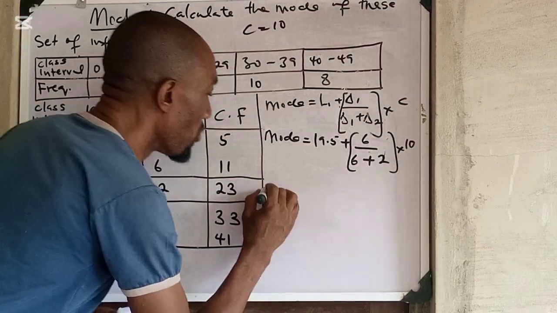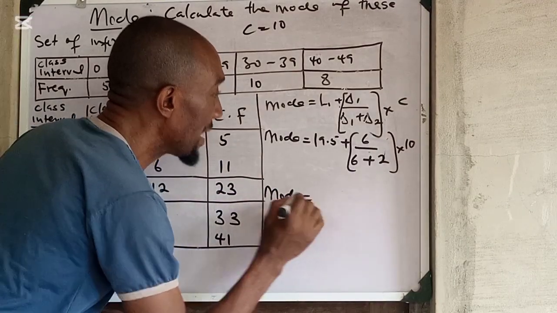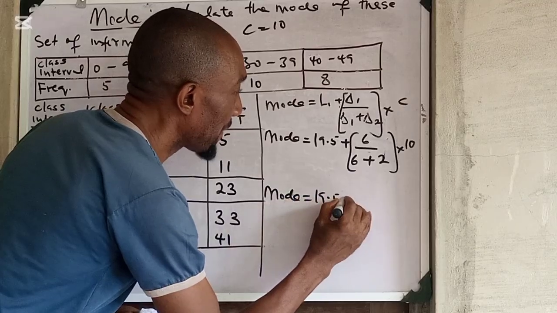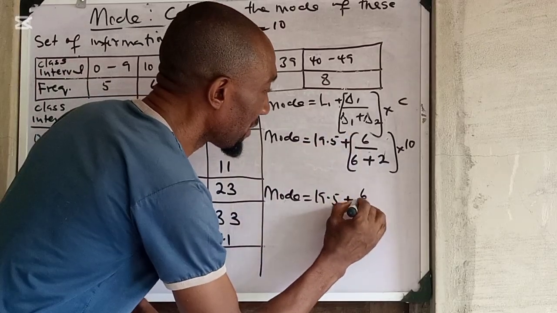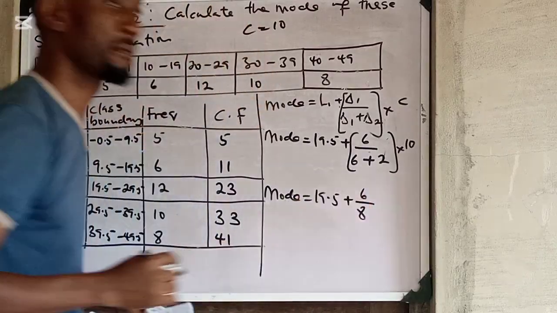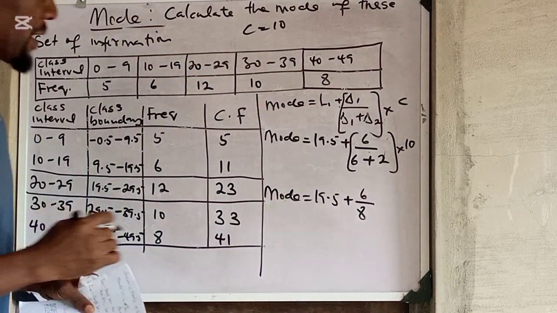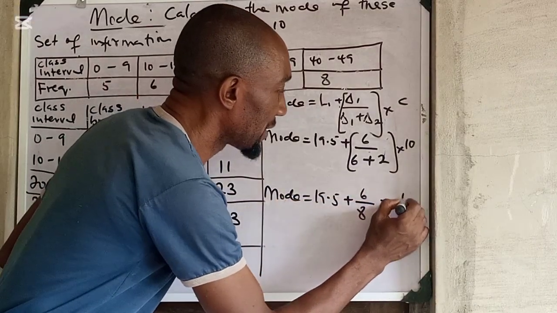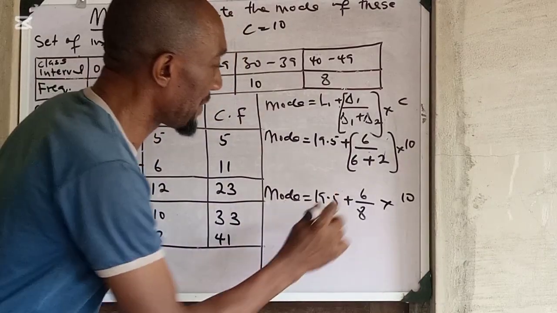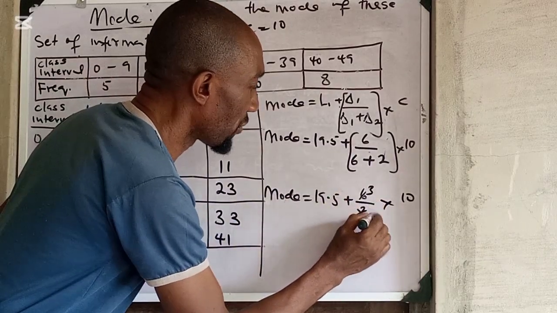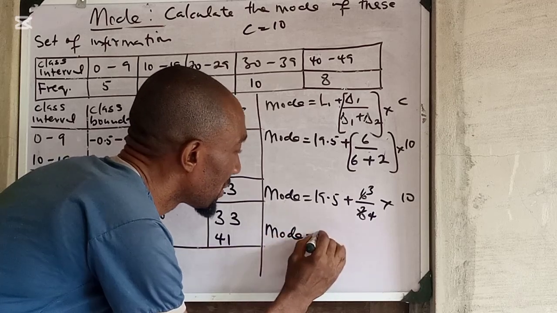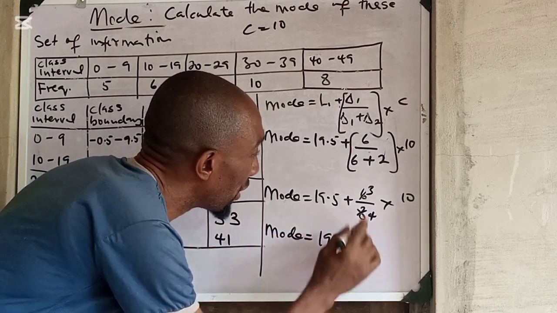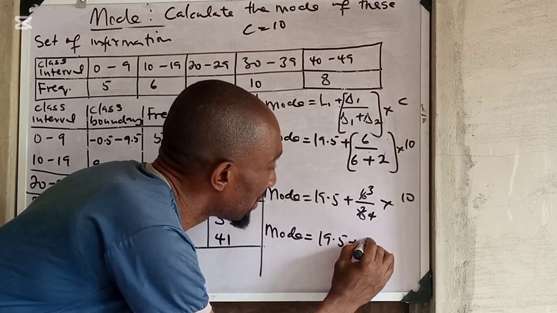So our mode now becomes 19.5 plus 6 all divided by 8, then all of them times 10. 6 divided by 2 will give us 3, and 8 divided by 2 will give you 4.